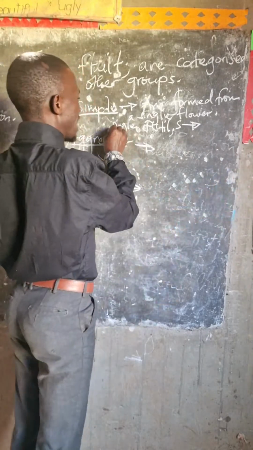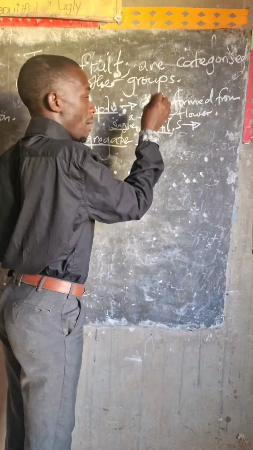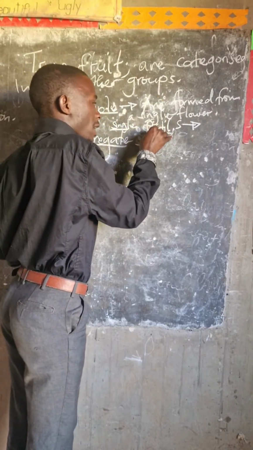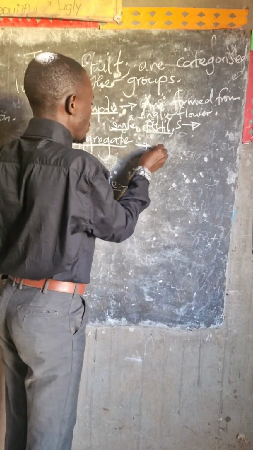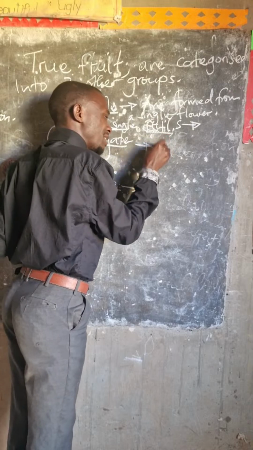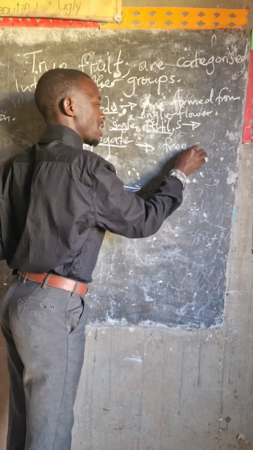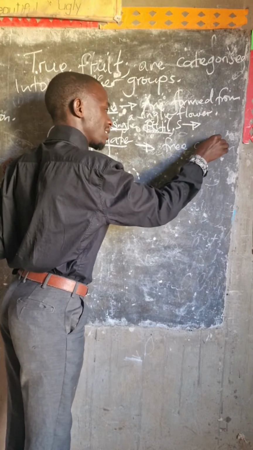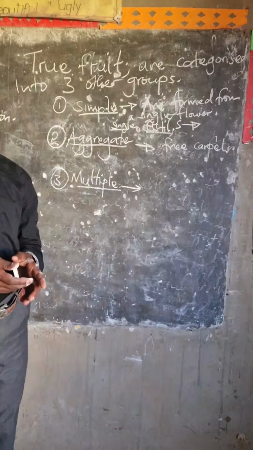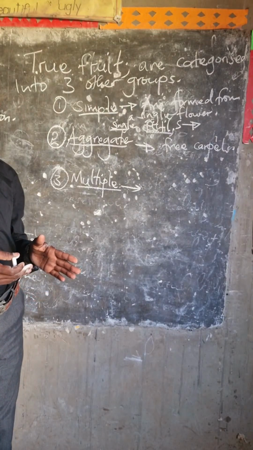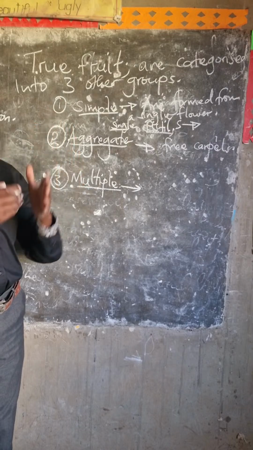But for the simple one, it is made up of either a single couple, or several couples that are fused. We say a couple is a collection of the ovary, style, and the stigma.